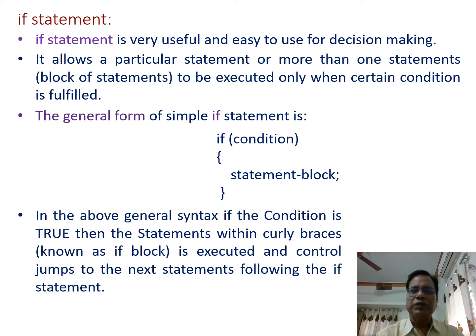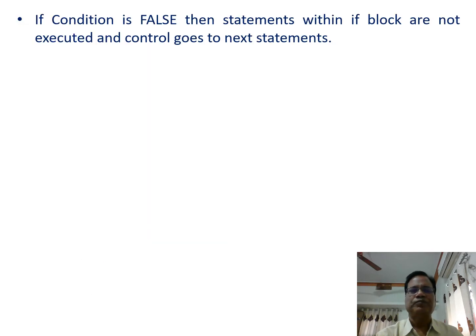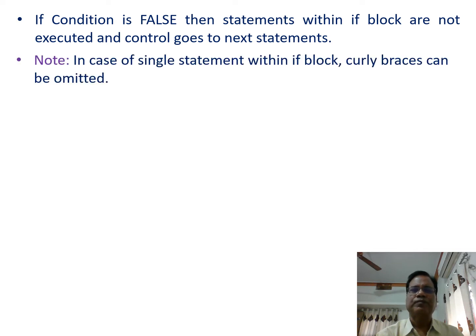In the above general syntax, if the condition is true, then the statements within curly braces, known as the if block, are executed and control jumps to the next statement following the if statement. If the condition is false, then statements within the if block are not executed and control goes to the next statement. Note: in case of a single statement within the if block, curly braces can be omitted.